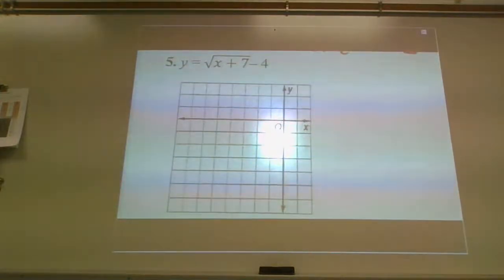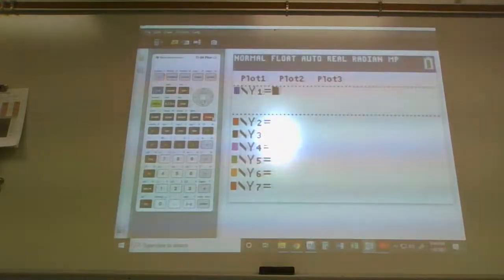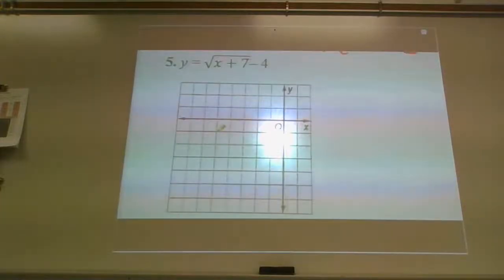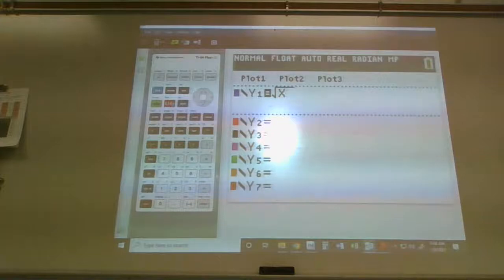I'm looking at number 5. We'll go back to my calculator here. Clear that out. Number 5 is the square root of x plus 7. Now, again, I still have to put in that minus 4. But again, notice how the calculator is oriented.